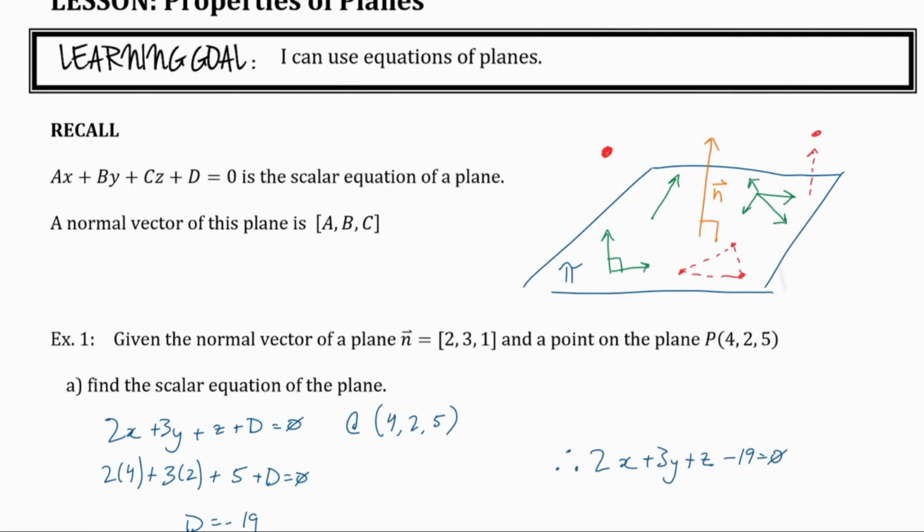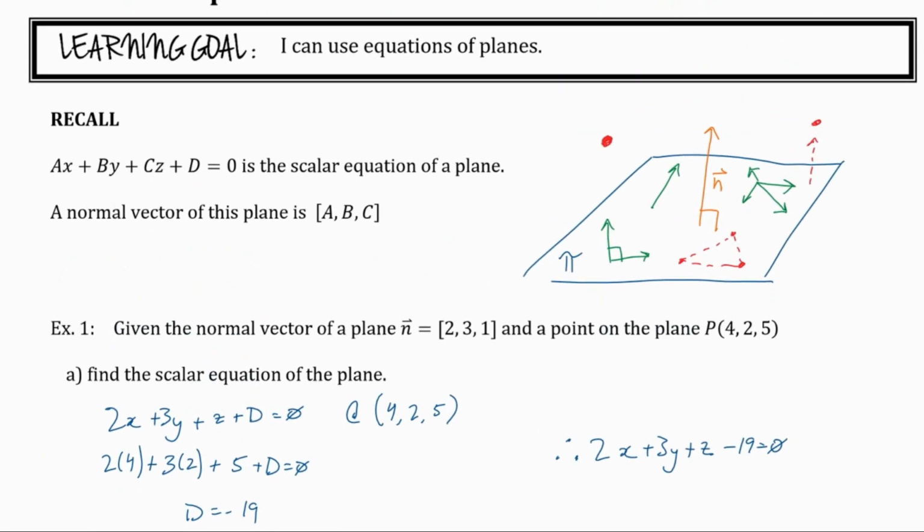If I go back up here, any particular vector parallel to the plane isn't necessarily perpendicular to other vectors, right? You can have some that are perpendicular and some that are not perpendicular.